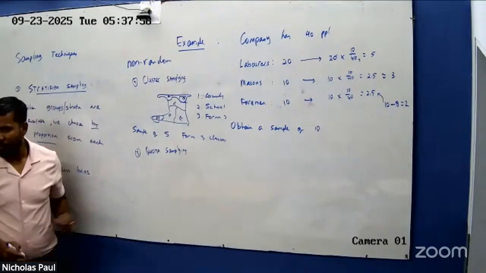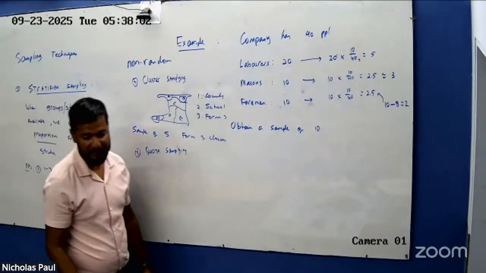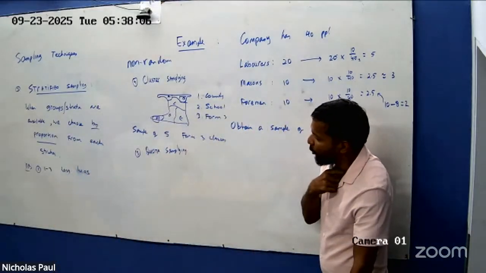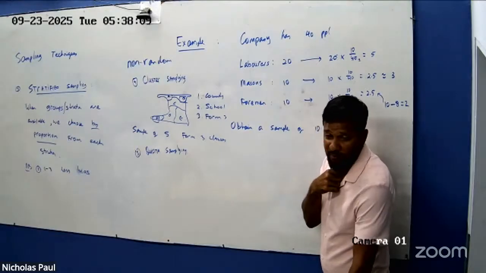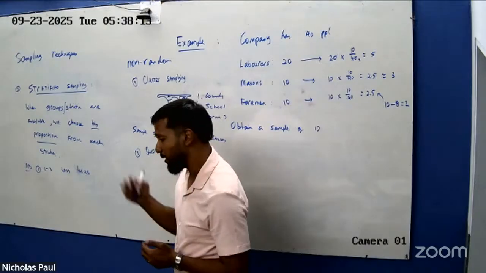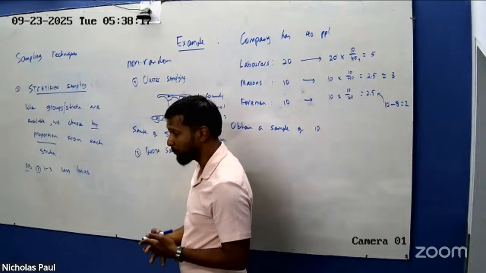And what's quota sampling? That's the one that people use all the time. So imagine going into the mall and you want to find out from the people in the mall what's your favorite store. What you might do is stand in front of the mall gate, and the first 100 people, you ask them. And you get your quota, right?